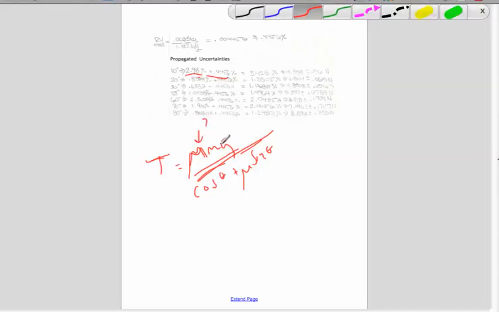I don't see those anywhere. You've got some uncertainties in mass, which is what that is, but I don't know why the mass uncertainty would be propagated with these values here, because I don't know what those are.